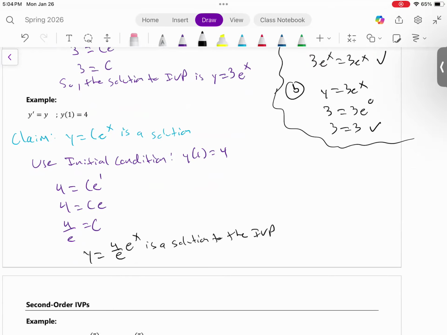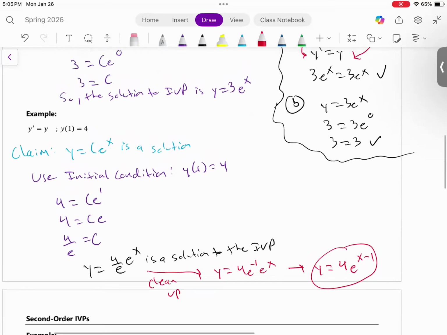One thing we can do is bring up this e, so it could be e to the negative 1 times e to the x. And if you have the same base multiplying, you can add their powers. So this could become y equals 4 e to the x minus 1. And I like that a lot better than our previous answer. So here I'll say clean up.